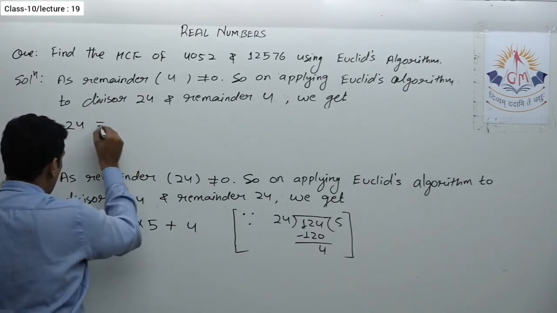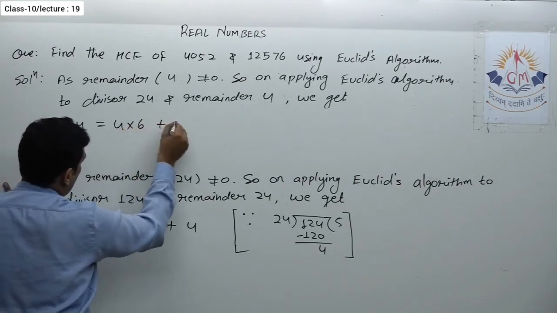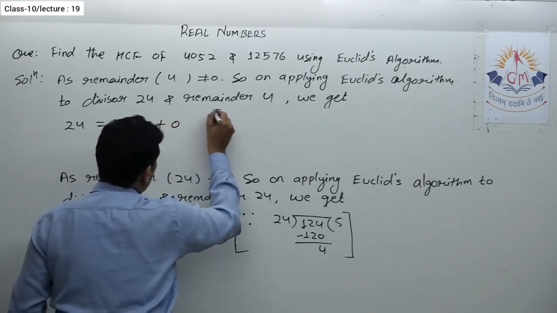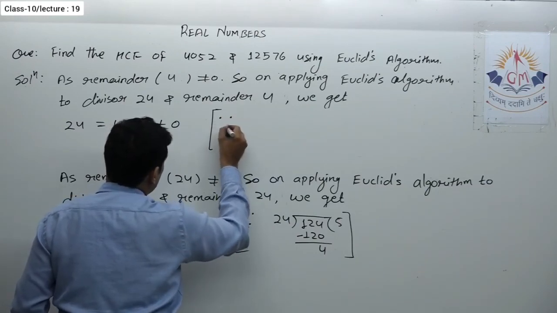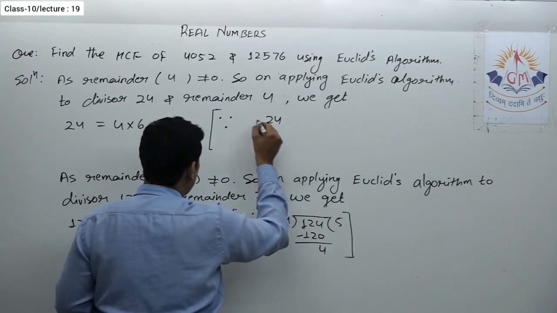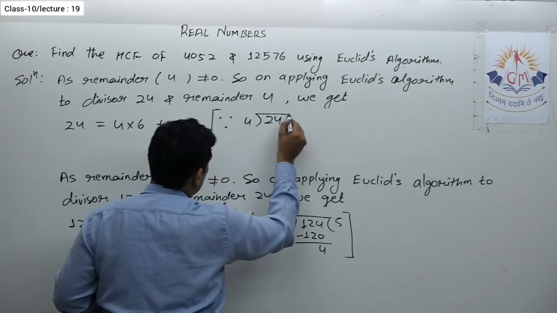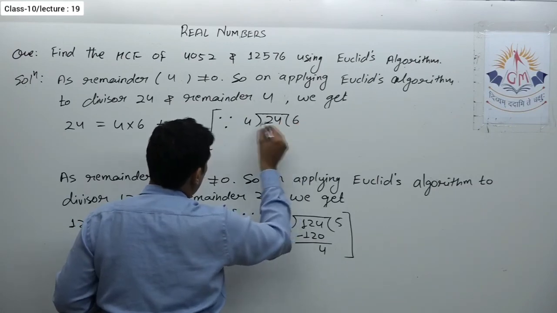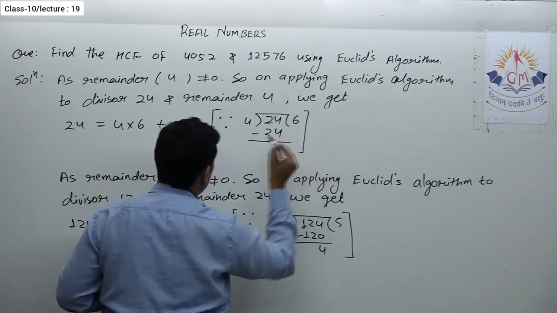So 24 is equal to 4 multiplied by 6 plus 0. When I divide 24 by 4, I get remainder 0. 4 sixes are 24, so remainder is 0.